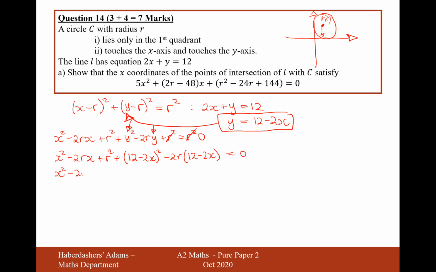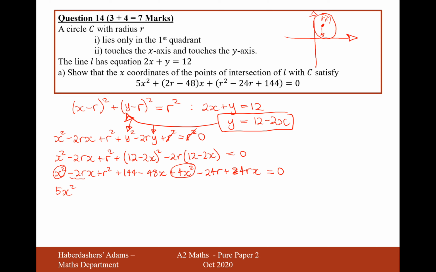Let's expand the brackets and simplify. x squared minus 2rx plus r squared plus 144 minus 48x plus 4x squared minus 24r plus 4rx. Wowzers. Okay, so equals 0. Now let's simplify all of this together. We have 1x squared and 4x squared, so that's 5x squared.